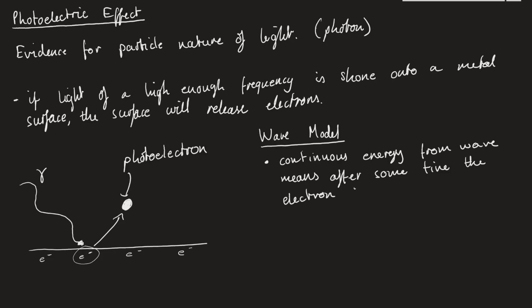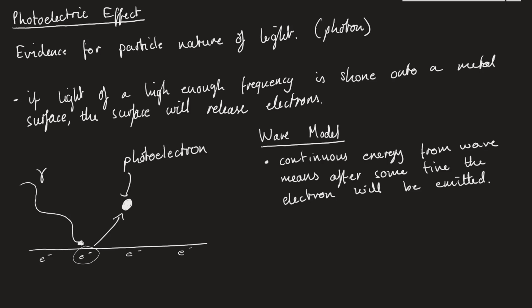What we can do is look at the power output of the light source. It's usually a UV bulb, sometimes a laser if we need it to be, but we can calculate the power output of that light bulb pretty easily. If we know the power output, we know the rate of energy transfer per second to the electrons.